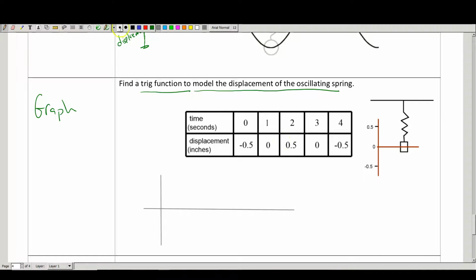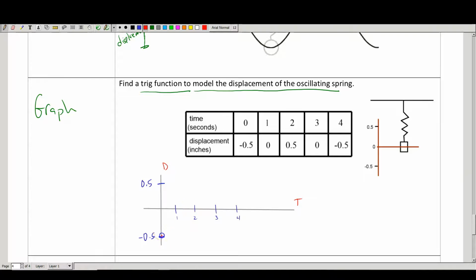So this top point is going to be 0.5 and the bottom is going to be negative 0.5. If we make little intervals here, this would be 0, 1, 2, 3, 4, etc., and we can plot these points. At time 0, this is going to be the time axis, t, and we'll call this d.